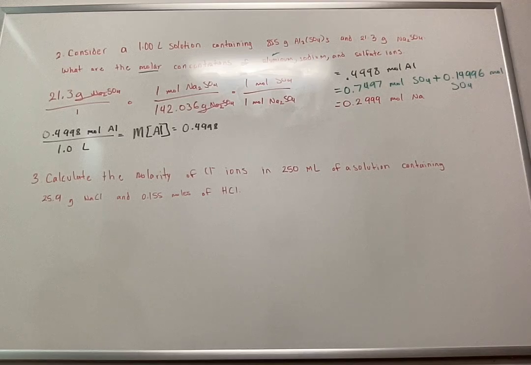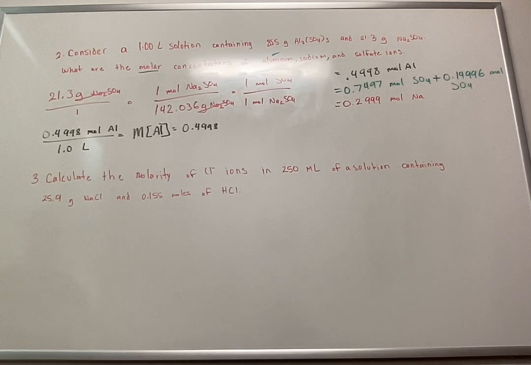Sulfate, let's do sulfate next. Gotta add up sulfate. So in the aluminum sulfate, we found that there was 0.7497 moles of sulfate, and in the sodium sulfate we found 0.14996.